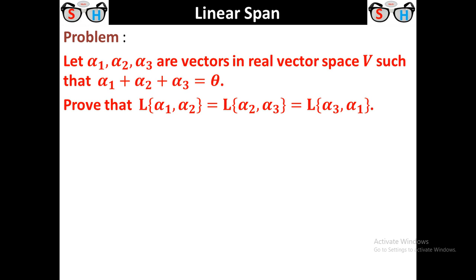Theta is the null element. Then prove that L of alpha 1, alpha 2 equals L of alpha 2, alpha 3 equals L of alpha 3, alpha 1.